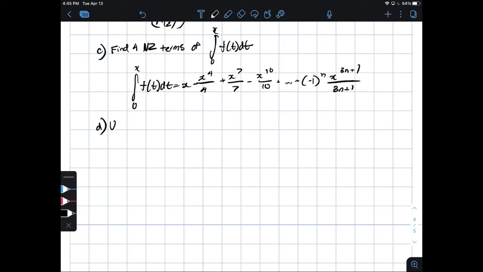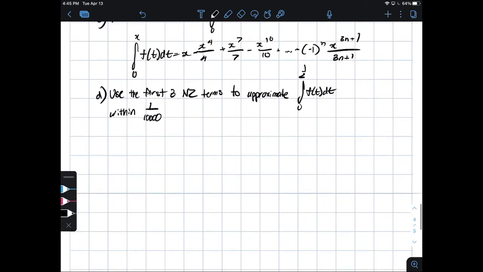Now for part d, we want to use the first 3 non-zero terms to approximate the integral from 0 to 1/2 now of f of t dt. And then the second part to that same problem is what properties of the integral from 0 to 1/2 of f of t dt guarantee that the approximation is within 1 over 10,000.